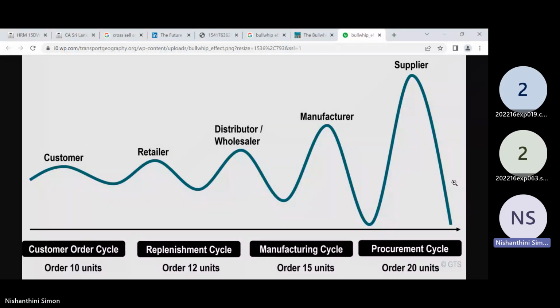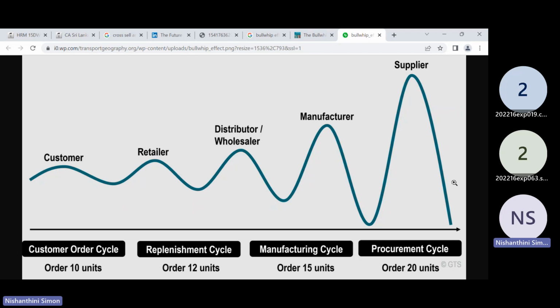Right. So this is what is going to happen when it comes to the bullwhip effect in the supply chain. Even in the normal way, in the start small waves are created and it goes to the top wave.